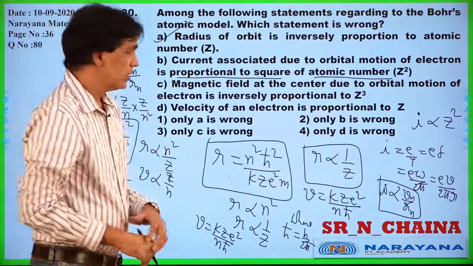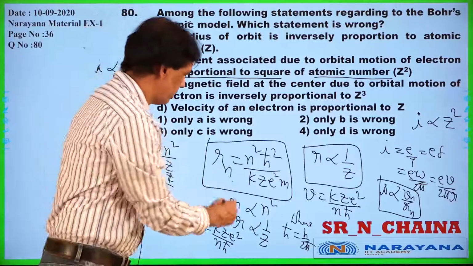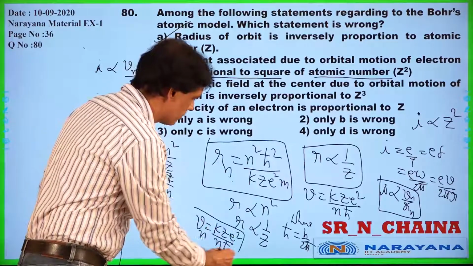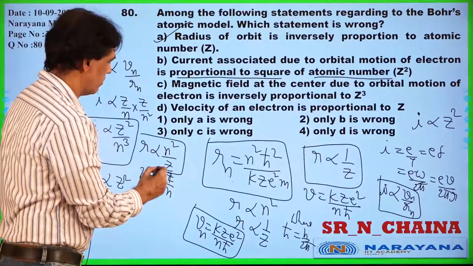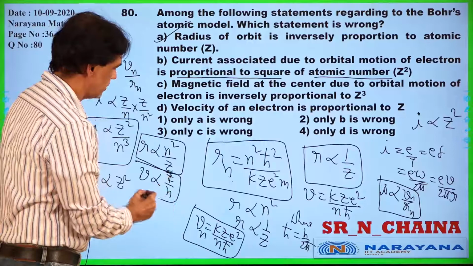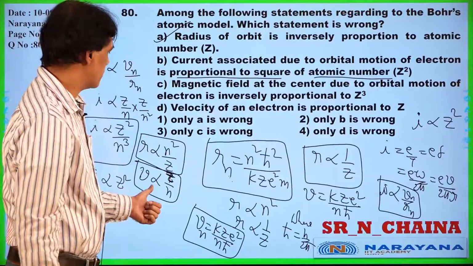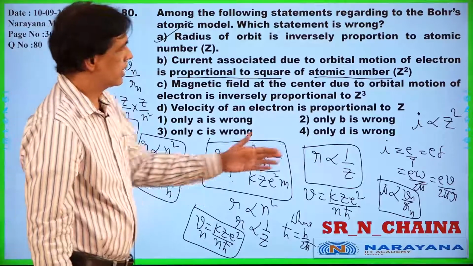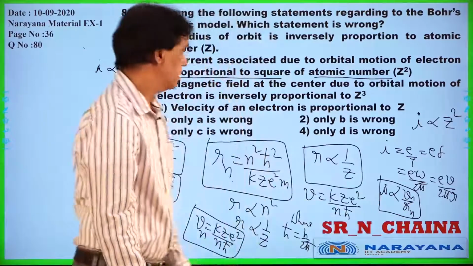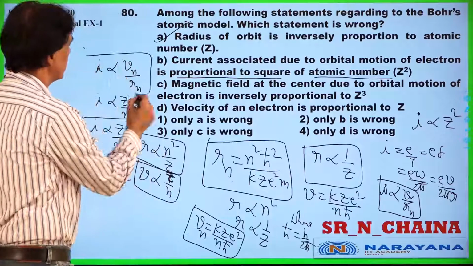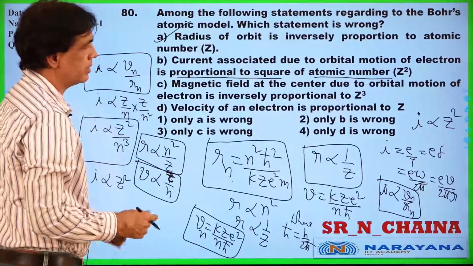Able to understand? So what I mean to say is this is the radius of nth orbit formula, and this is the velocity in the nth orbit formula. From these two, we can understand that r is proportional to n square by Z and v is proportional to Z by n. And in the expression for current, I is proportional to v_n by r_n. The direct formula for I is e v by 2 pi r.